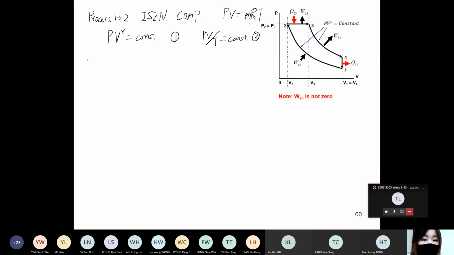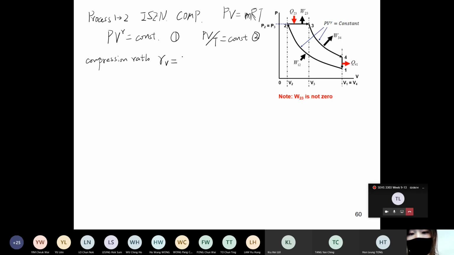So what you have is a compression ratio. We usually use rV, and the definition of compression ratio is the maximum volume over the minimum volume. That should be the volume at the bottom dead center over the volume at the top dead center.